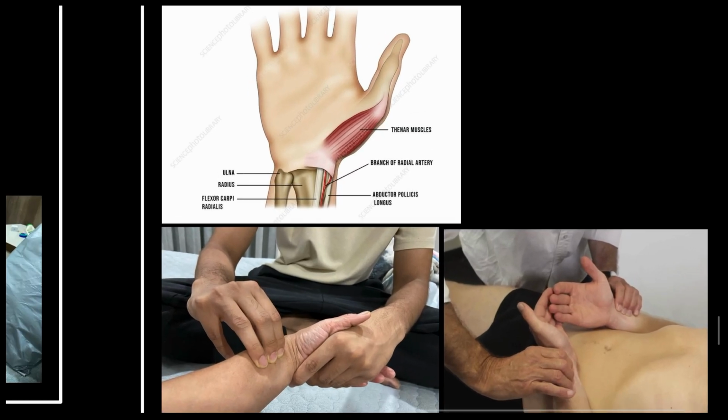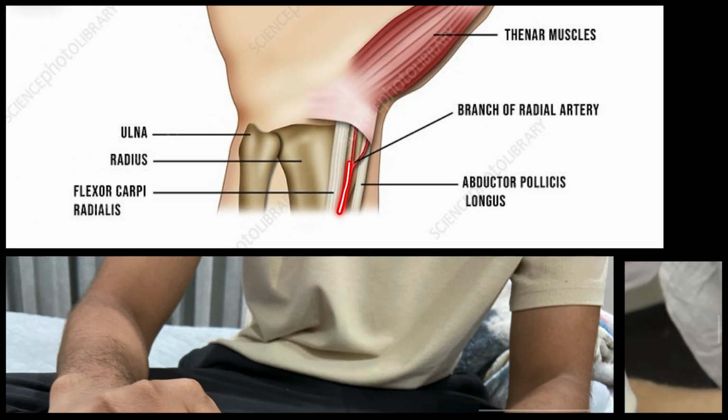Next is the radial artery. The radial artery is palpated on the anterior surface of the wrist, lateral to the flexor carpi radialis tendon.